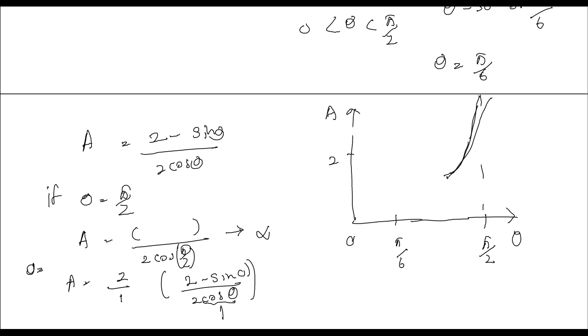So that leaves me with 2 over 2, which is 1. So the value of area is 1. There's a stationary point in between 0 and 90, so that should be either a maximum or minimum, but since the area goes to infinity, it should come down and go up. So that should be a minimum here. That's one way to do it, which probably is the easiest way.